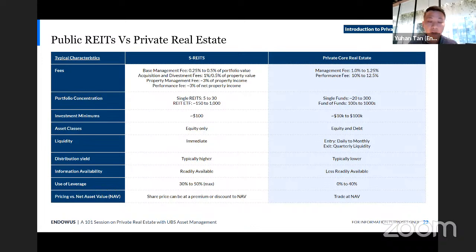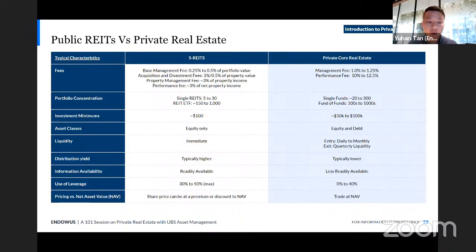As always, fees are very important, and we can see that there are quite a few fee components for S-REITs. These expenses can vary by REITs, and hence the total expense ratio can encompass quite a wide range. For private real estate funds, the fees typically consist of management and performance fees.